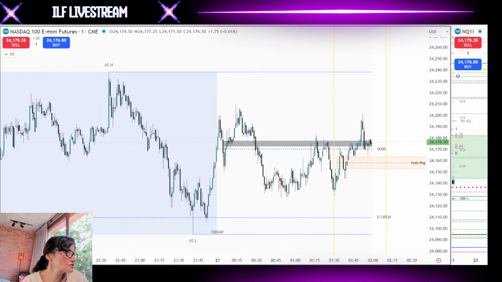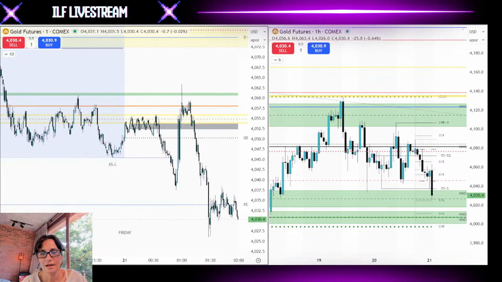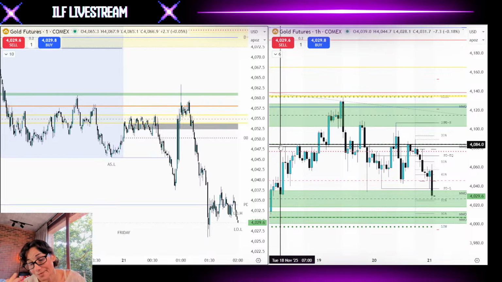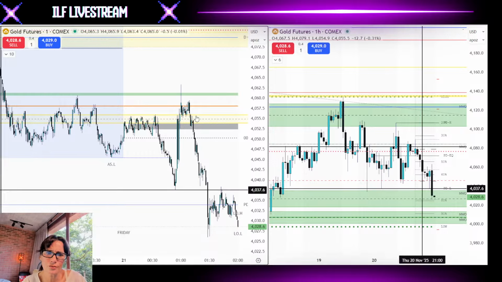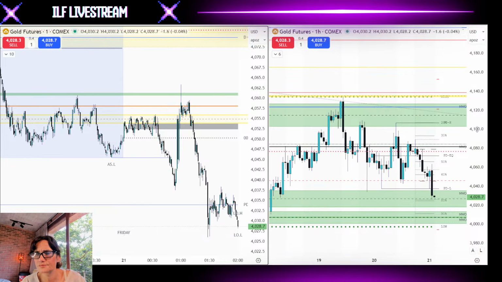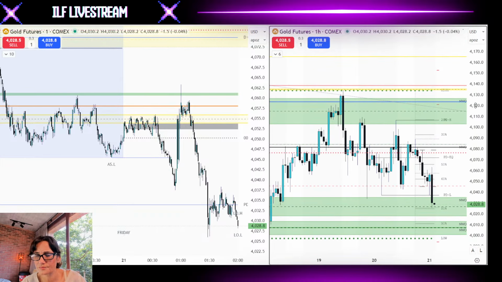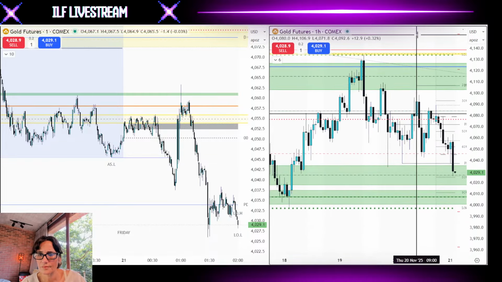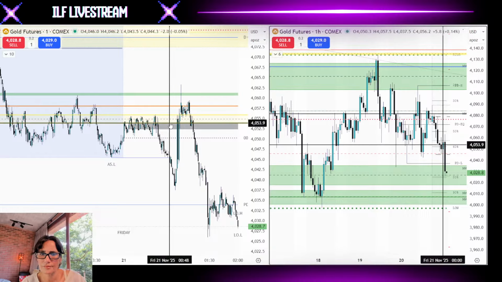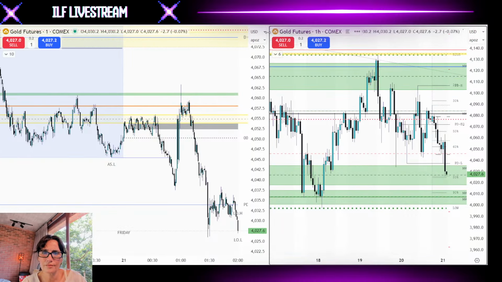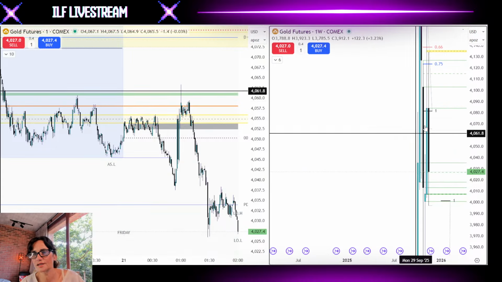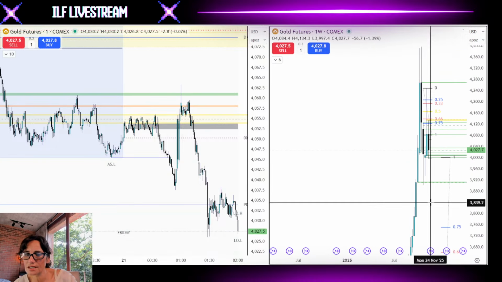Okay, gold. So Christian is a gold bull. I actually sort of disregarded gold a little bit. Yesterday it was so horrible to look at. Let me look at the higher time frame quickly.